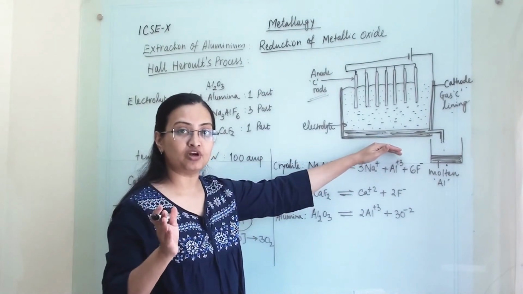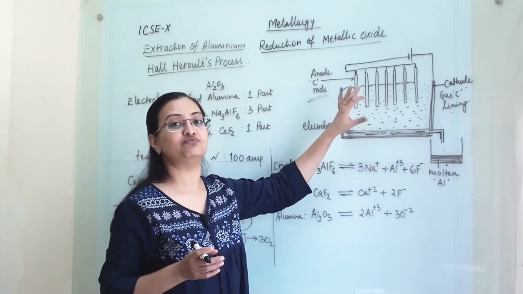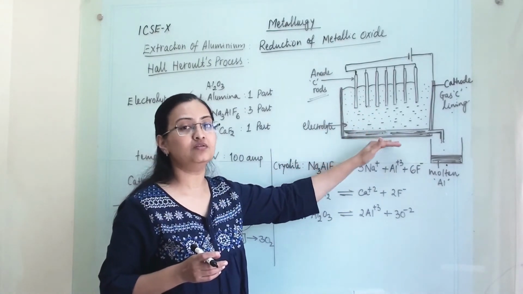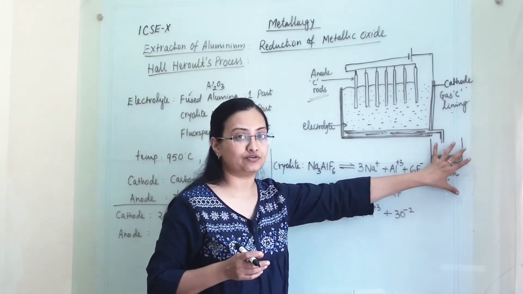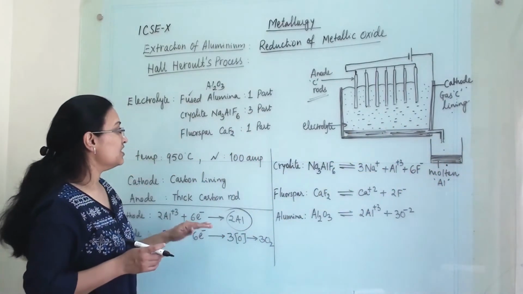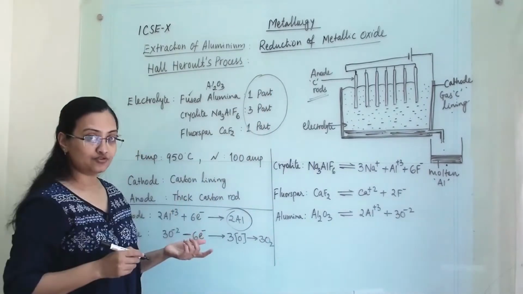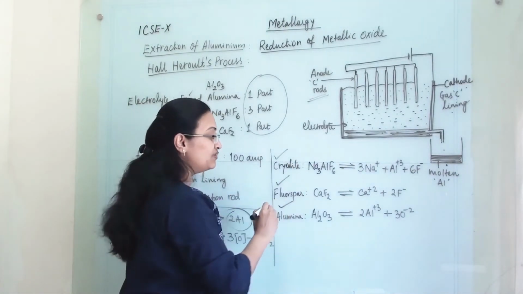Why is it in the molten form? Because this electrolytic reduction temperature is very high. So whatever metal we get will be in molten form, and we are collecting it from the bottom of the electrolytic cell. In this you have to remember in what proportion we are taking the electrolytic solution, then how those electrolytes dissociate.